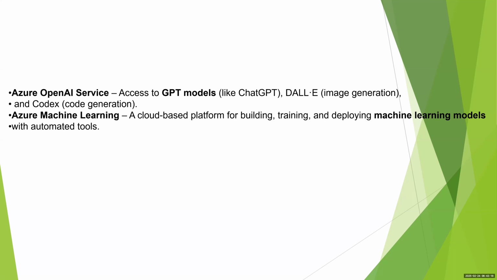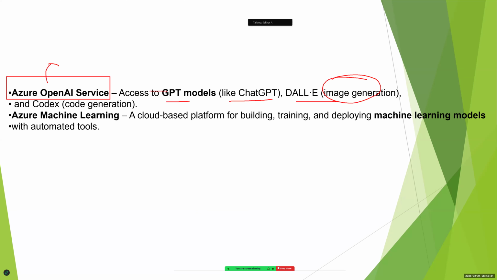Okay, next. So this is about AI. See, Azure OpenAI is directly provided as a service. You can access GPT models, like ChatGPT. DALL-E is image generation, a new feature. DALL-E 3.0 is the latest and has more advantages.